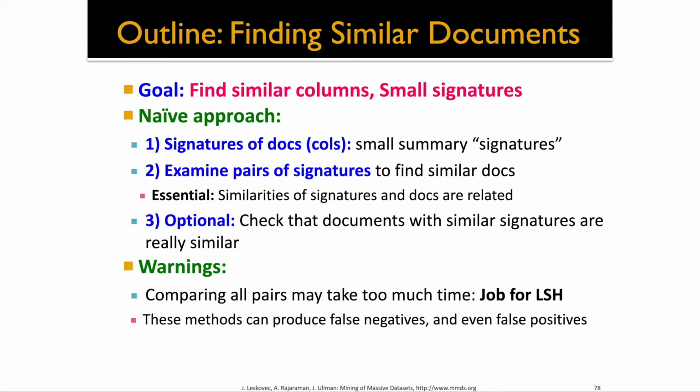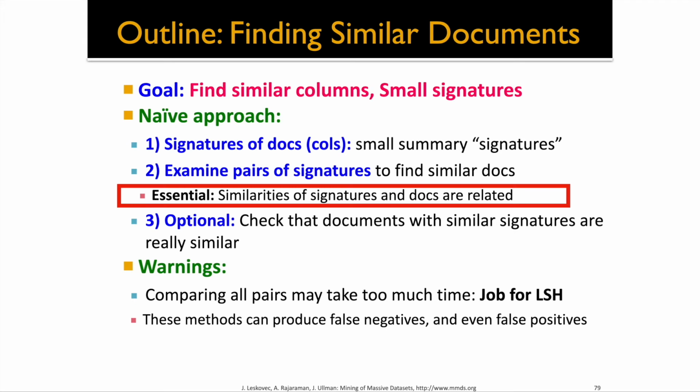And a false positive is that two documents are not similar, and we have said that they should be checked. They're a candidate pair when really they aren't similar. Remember, we have this constraint. One of the big deals here is that these signatures should tell us something about the similarity of these two documents, even in this smaller space.